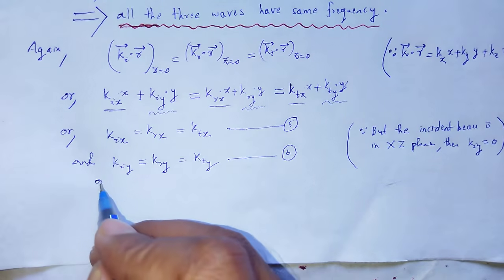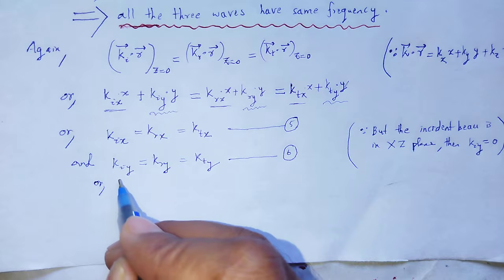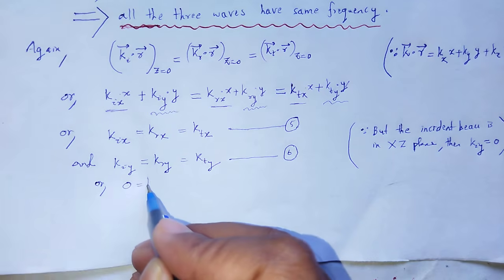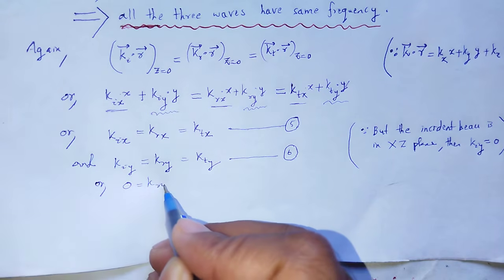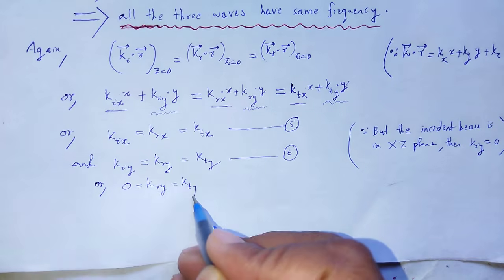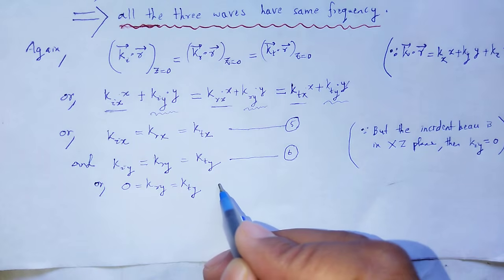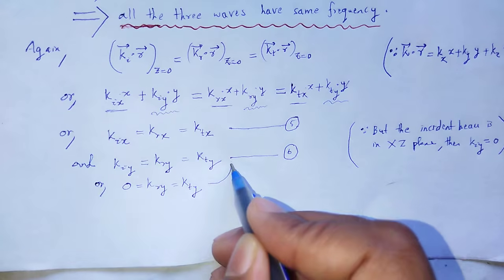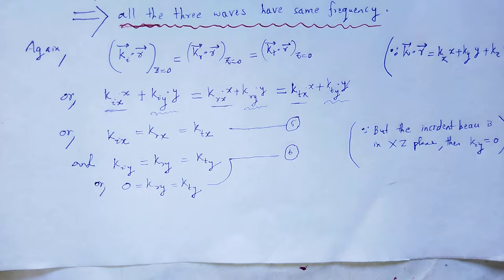So that equation as k iy is equal to 0, 0 is equal to k ry is equal to k ty, that is equation number 6.